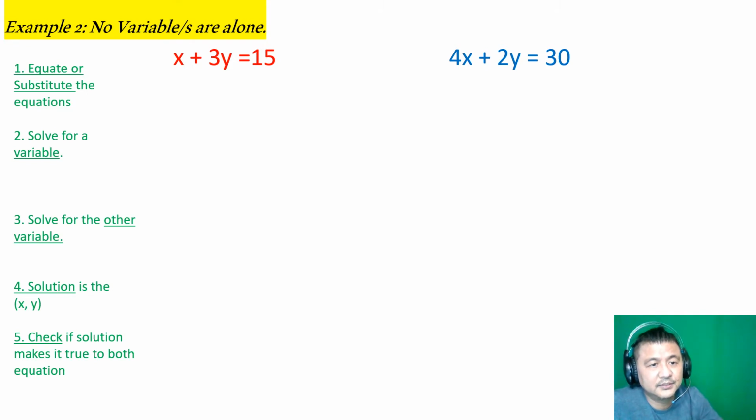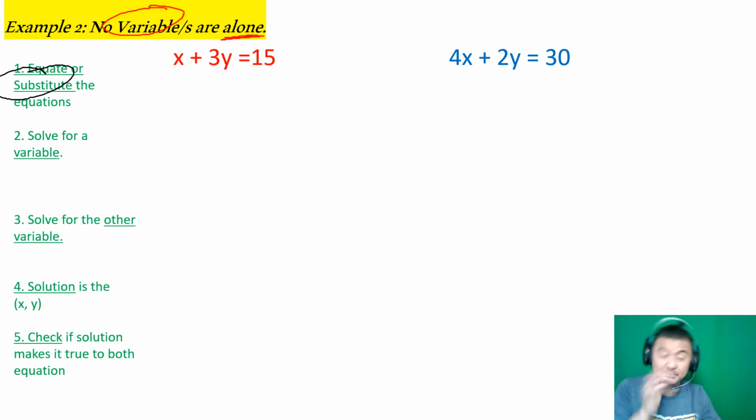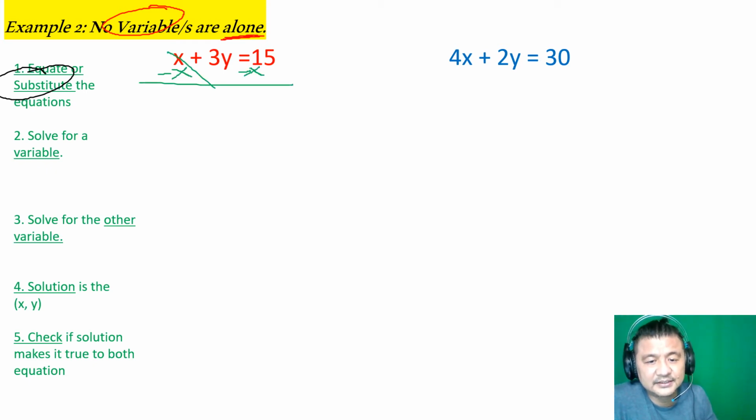Okay, but if you look at the red equation, we want one of the variables to be alone. So normally we want the y, but it can also be the x. So what do I do? I need to get rid of the x: minus x, minus x. That cancels out. 3y is equal to negative x plus 15.